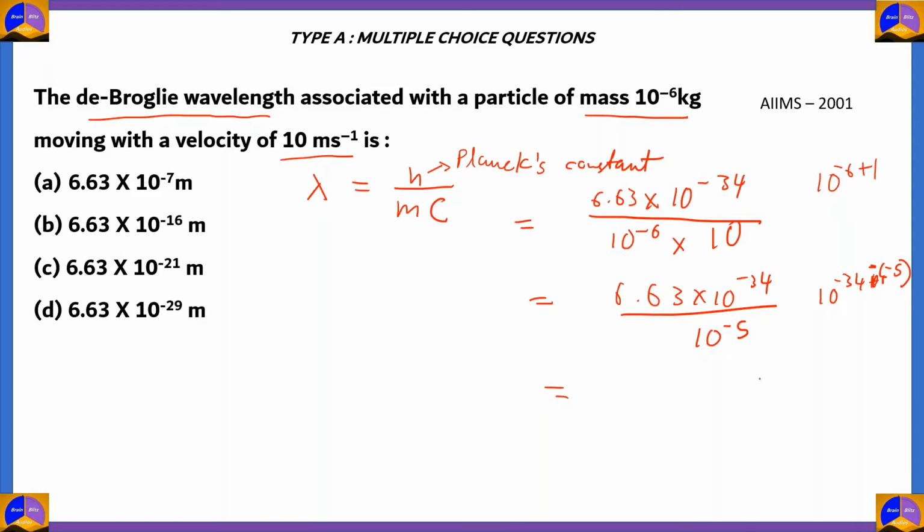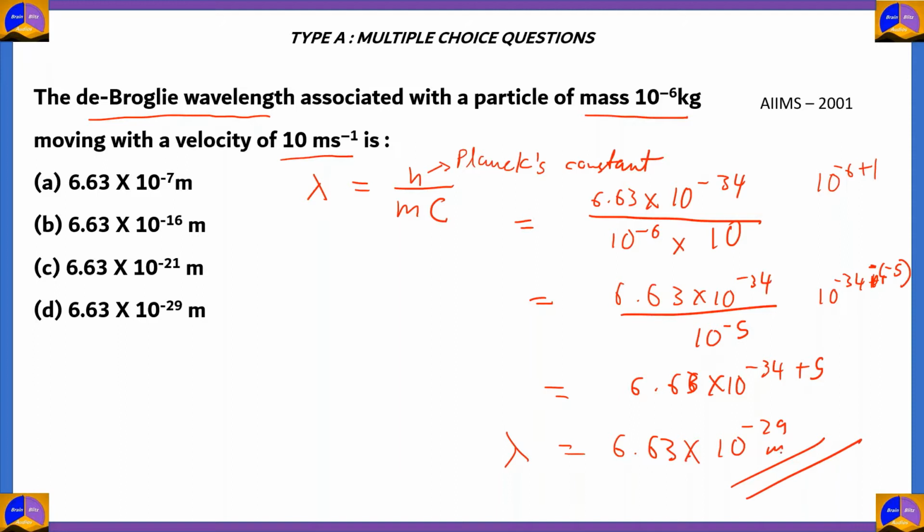So that is 10 raised to minus 34 plus 5. So our answer will be lambda is equal to 6.63 into 10 raised to minus 29. And that is equal to option D.